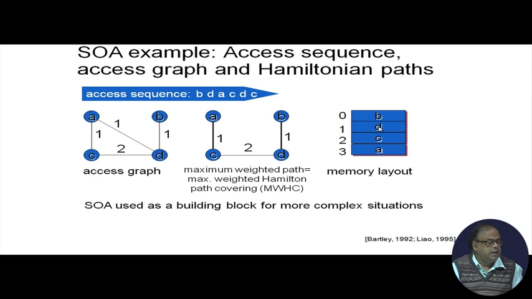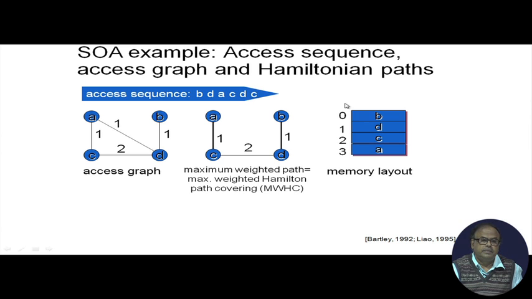Now, is it clear? We are finding out the maximum weighted path, so that all the nodes are covered. It will be applying the maximal spanning tree algorithm to cover all the nodes.